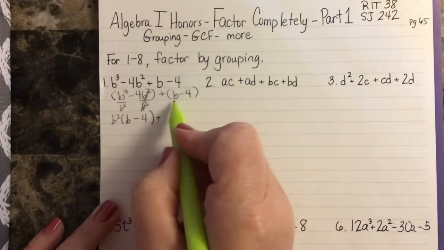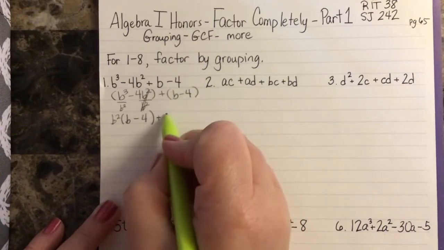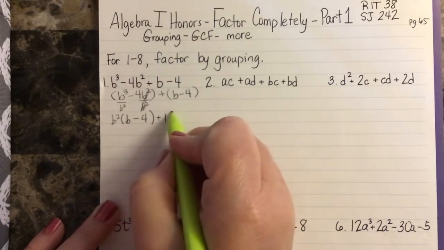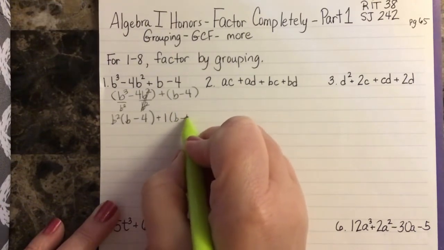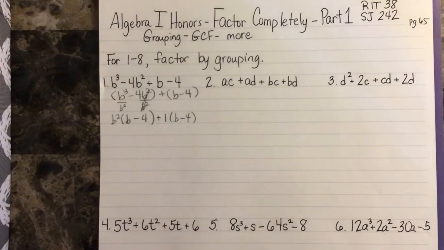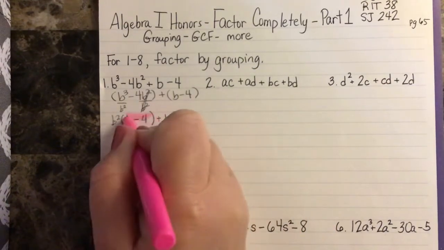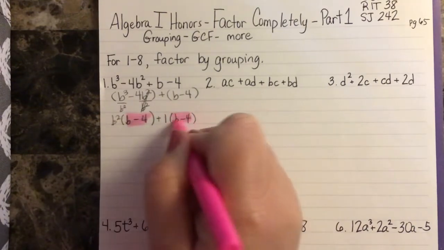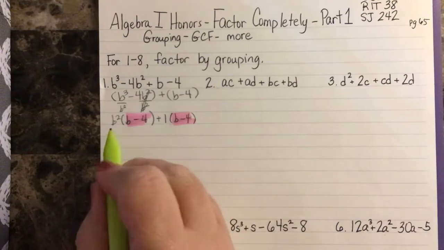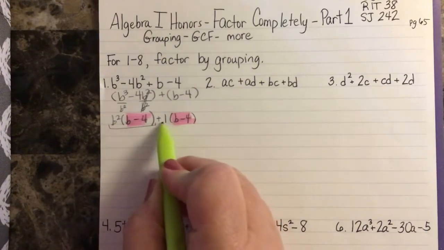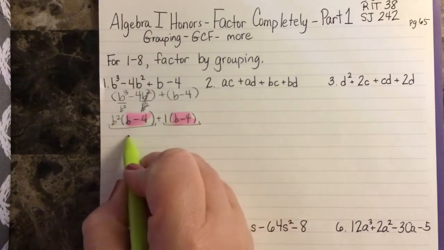Right now, as I look at this, b minus 4 does not have a common factor, so I'm just going to put a 1 out here. Actually, they have 1 in common. I'll put a 1 out there, and I'll bring down b minus 4. Now, did it work? Yes, it worked, because as I look at this, those are the same. That's the new common factor, because I have created a binomial, and that binomial has a common factor of b minus 4.